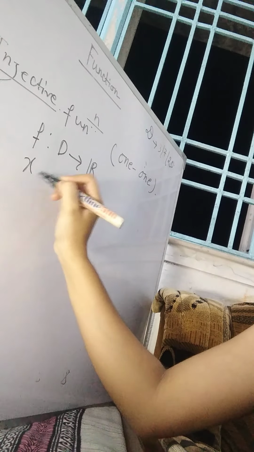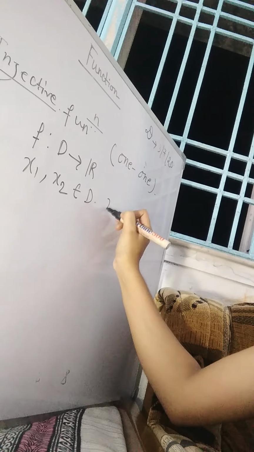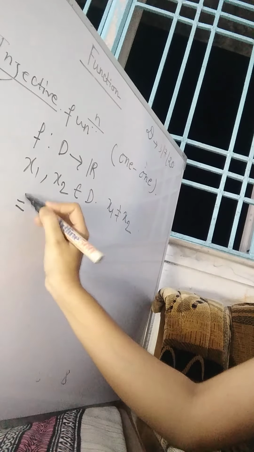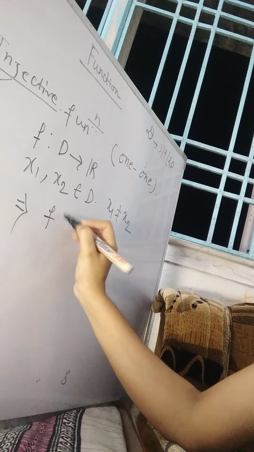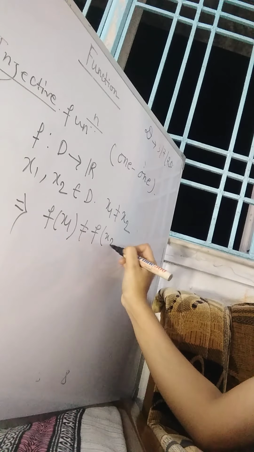The injective property is defined as: x1 and x2 belong to D, where x1 not equal to x2, implies that f of x1 not equal to f of x2.